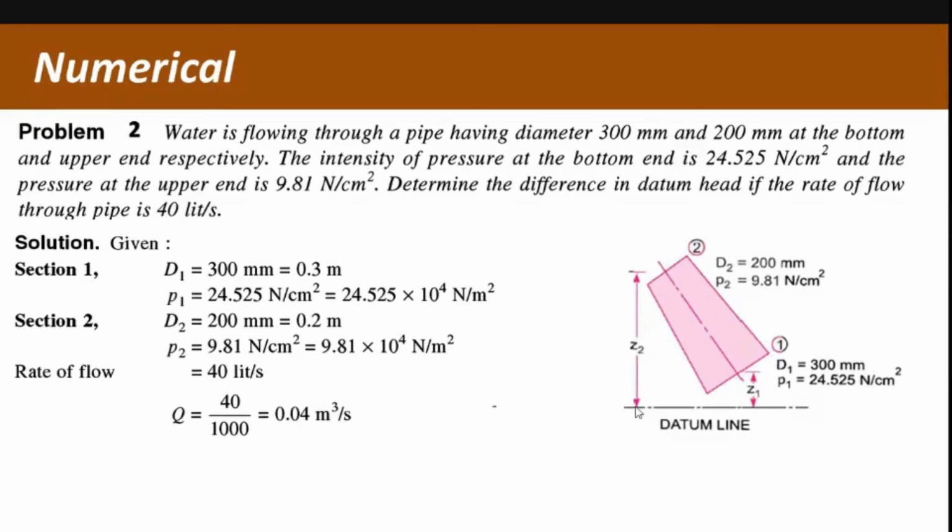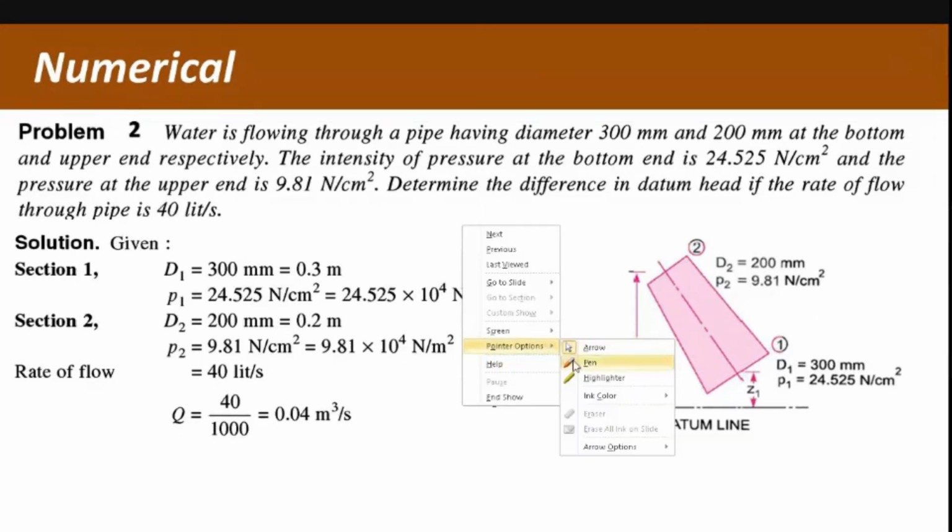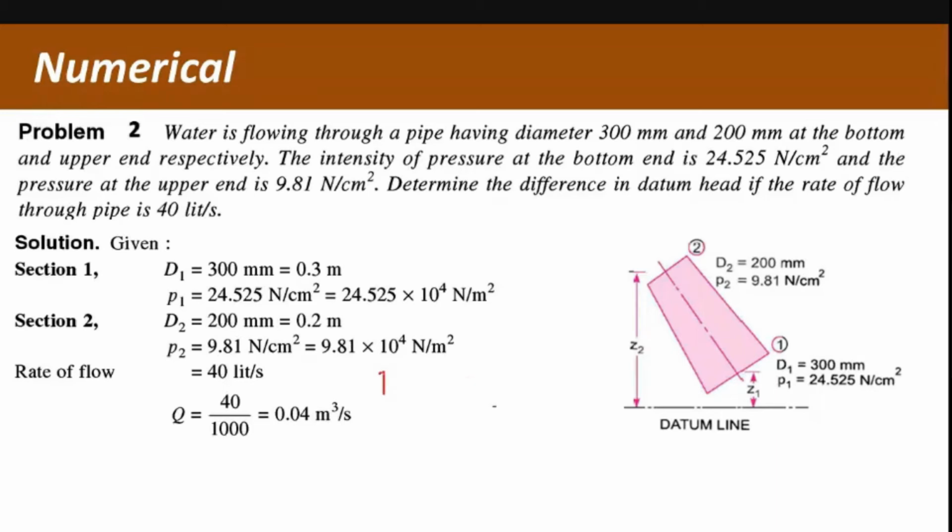Now we will apply Bernoulli's theorem between section 1 and section 2. By Bernoulli's theorem, total energy head is constant. Therefore total energy head at section 1 should be equal to total energy head at section 2.